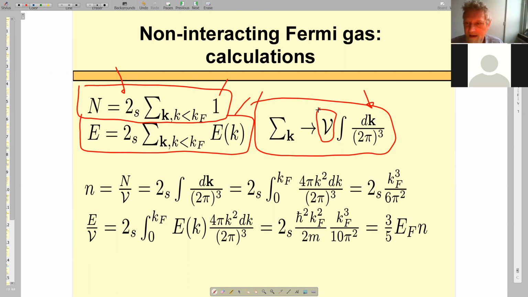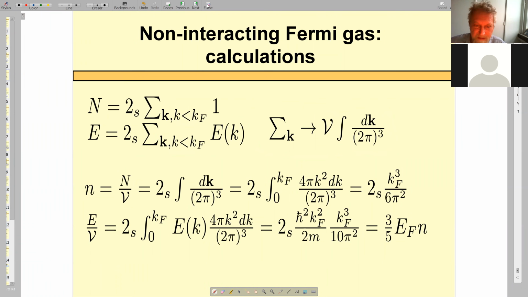And not to forget, there are always these pi factors. So any time you integrate over k, expect these factors to appear in the denominator. The 3 here is the dimension of the space we consider. For one dimension, it would be just this.